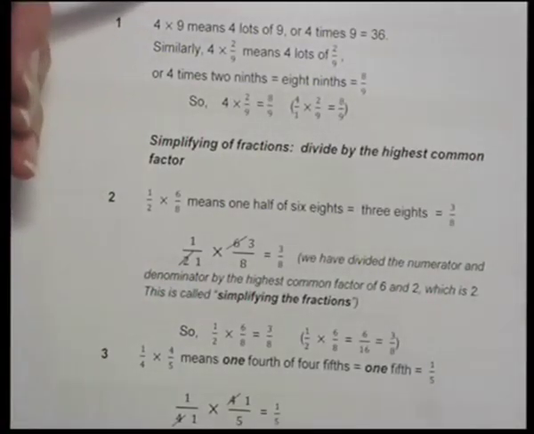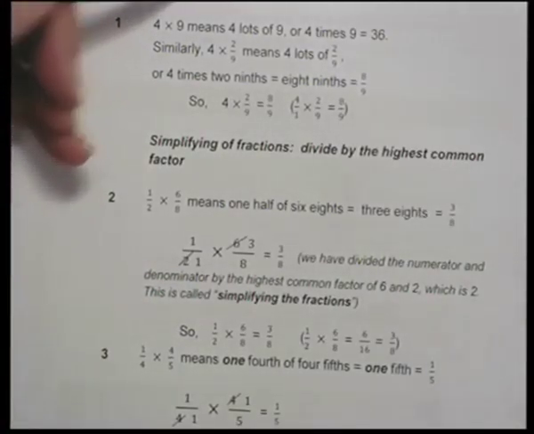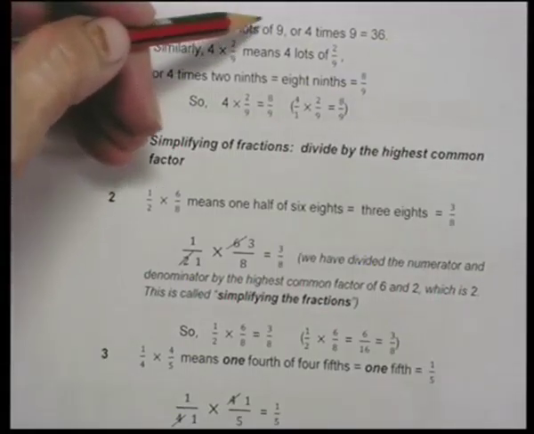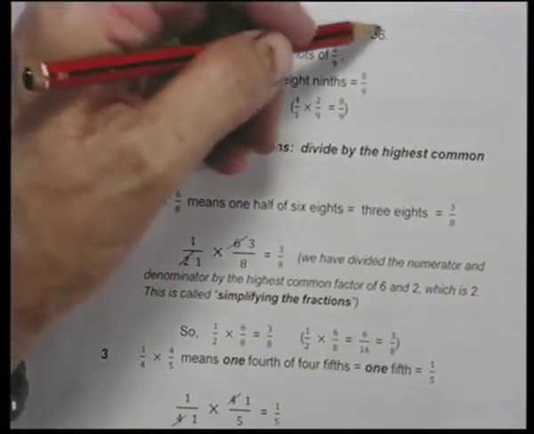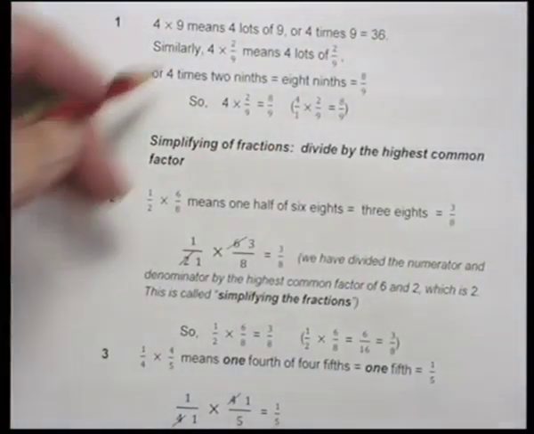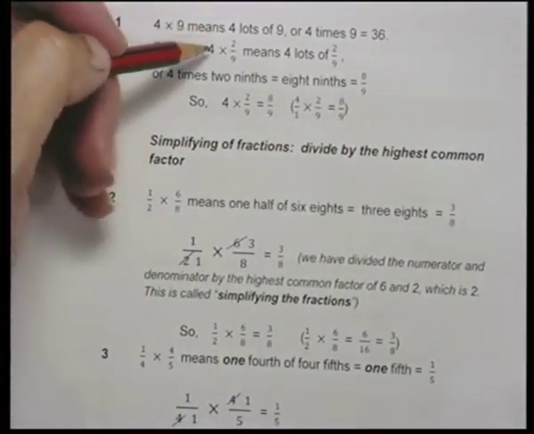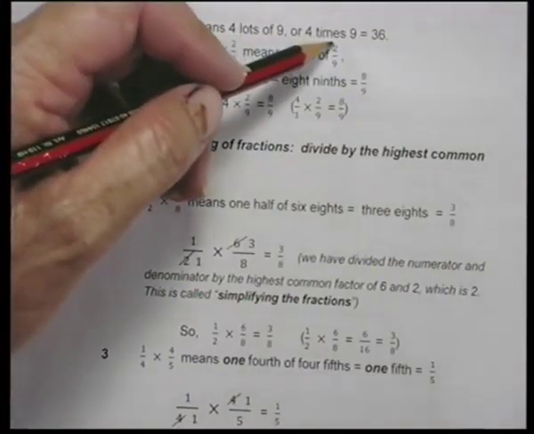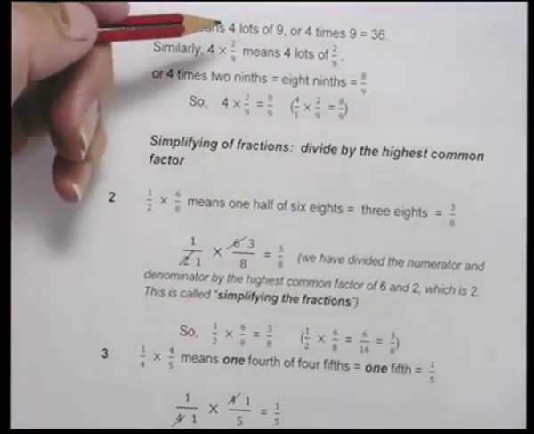Extending multiplication of whole numbers. Work through these examples. 4 times 9 means we have 4 lots of 9, and that is 36. So the same we can say 4 times 2 out of 9. It means 4 of 2 ninths.